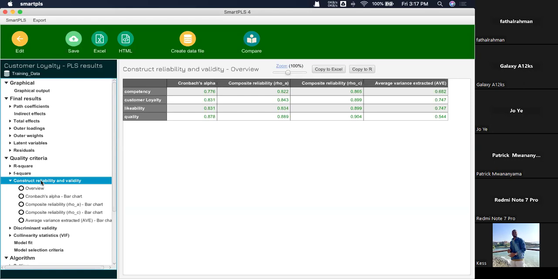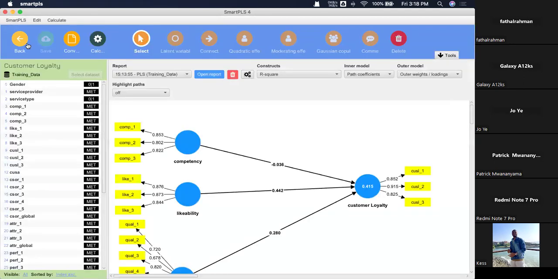So I want us to take note of the composite reliability, the first one, RHOA. Remember, the variable giving us the problem is what? Quality. That's where the problem is. Now, quality has a composite reliability of 0.889 and an average variance extracted of 0.544. Please note that because we are going to rerun the model and compare.